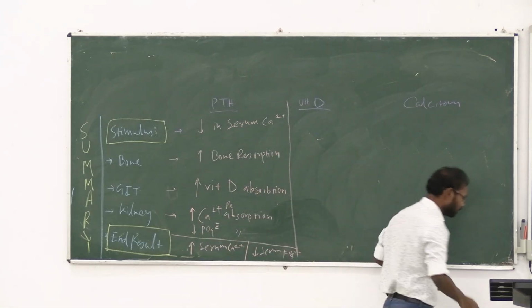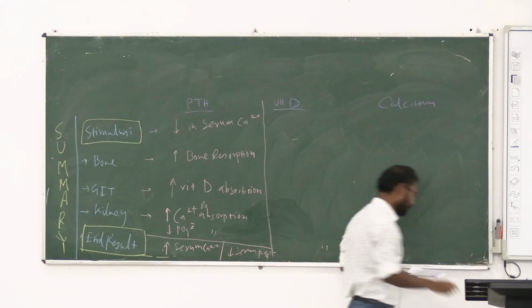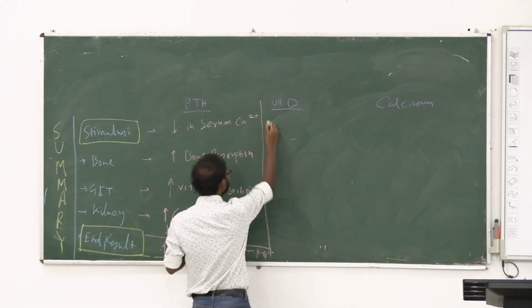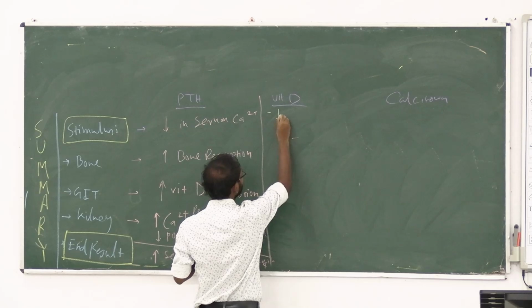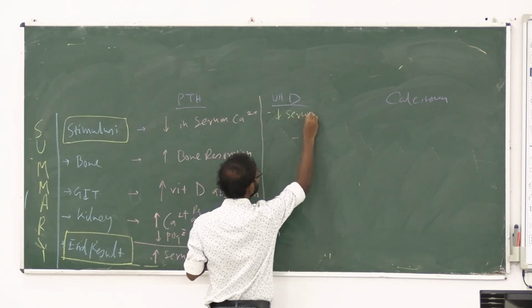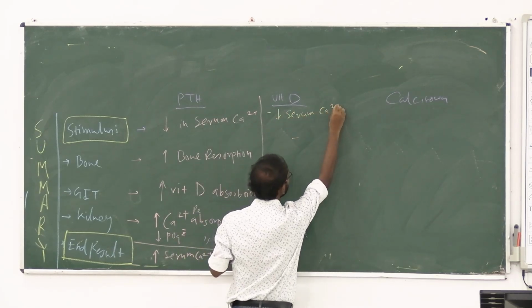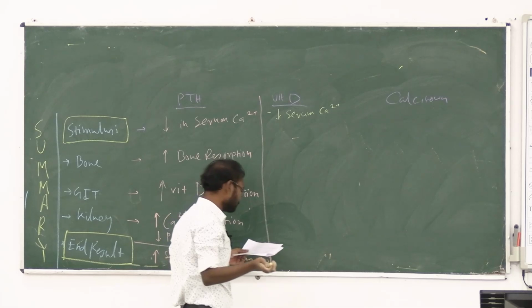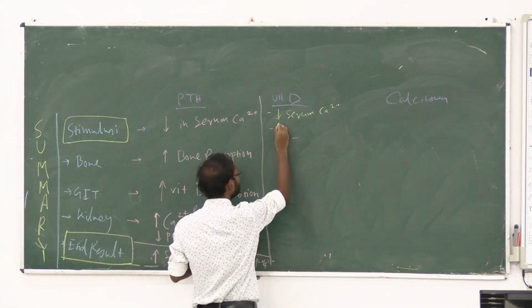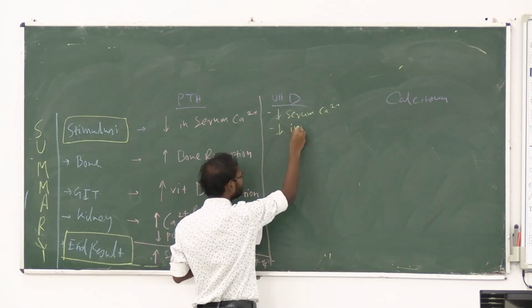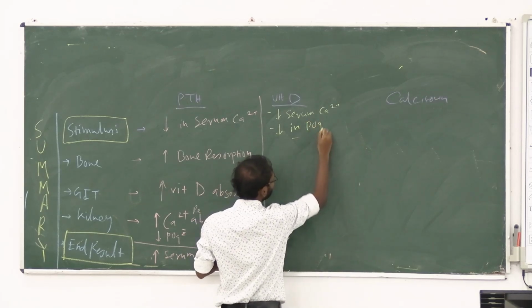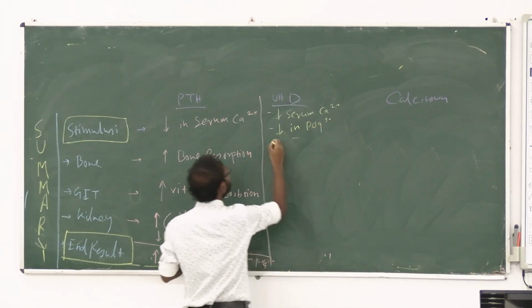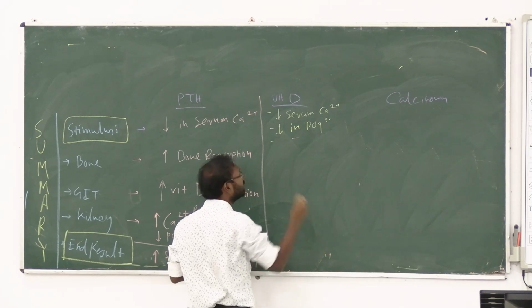Now change. In case of vitamin D, responsible for stimulating vitamin D, সিগির বলো, 3 factors. What are the 3 factors? Decrease in serum calcium, আজকে ওখানে বললাম. Second, decrease in phosphate level, and third is increase in PTH.